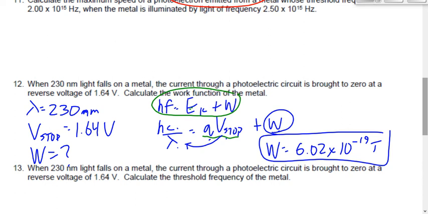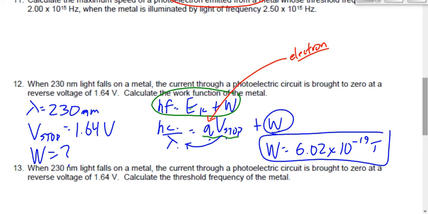Q is the charge of an electron, right? Because when we're talking about a charge or a mass, either one, within the photoelectric effect, there's only one thing that has the charge and mass, and that thing is the electron. Yeah, V stop will always be volts.